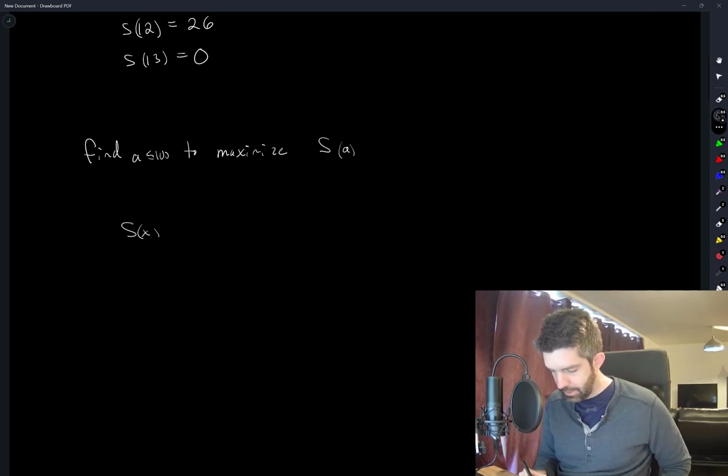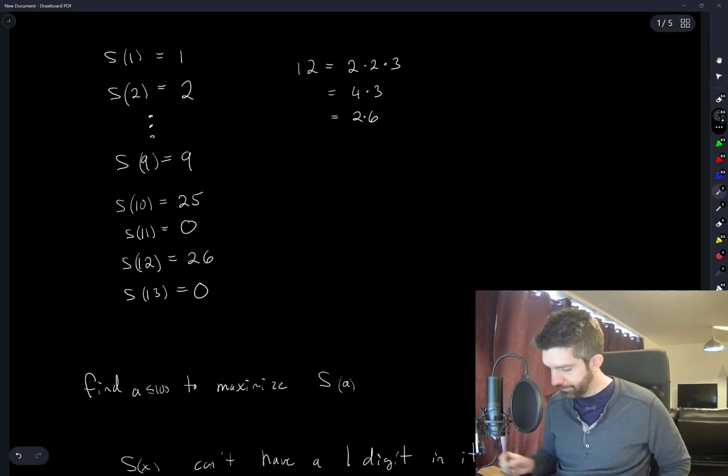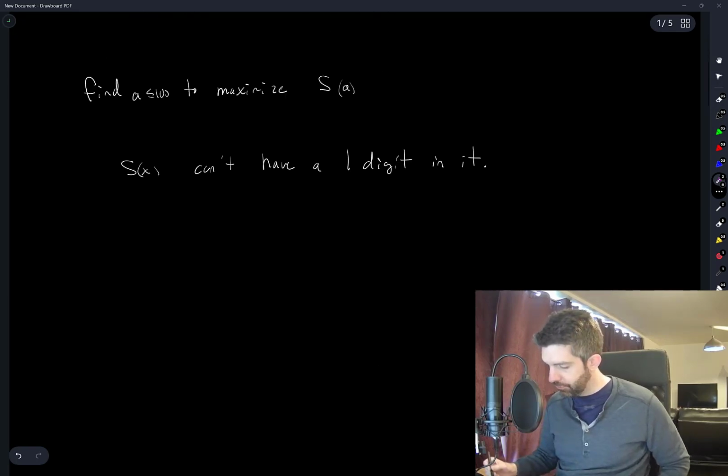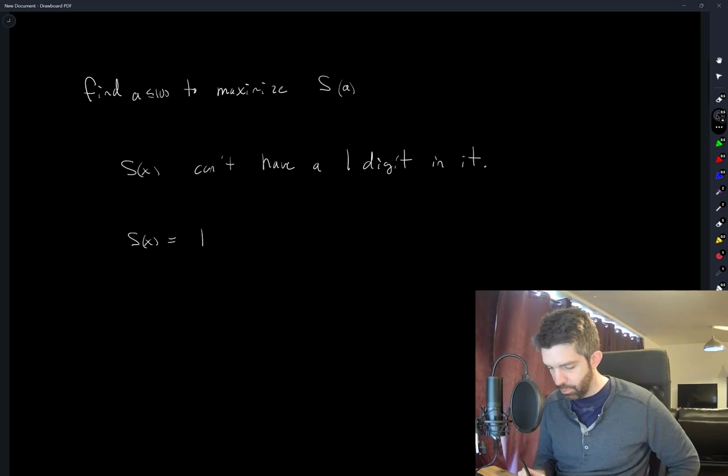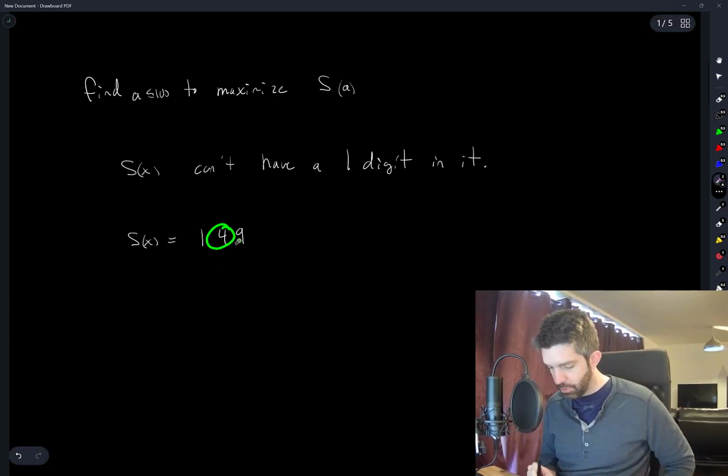S of x can't have a 1 in it, except for s of 1. And the reason why it can't have a 1 digit is, suppose s of x is equal to, let's just choose some random number, 149. Well, 1 times 4 times 9 is 36, but 4 times 9 itself is also 36.